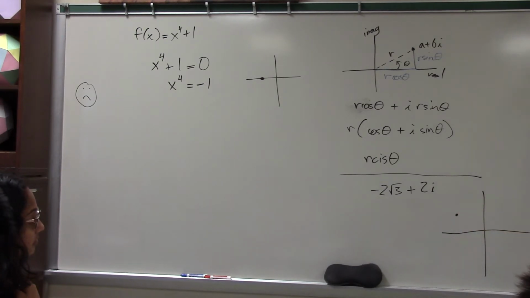So that's that number. Well, that same number can be represented with its angle and its distance. How far is that point from the origin? 4, thank you. Yeah, good. Over negative 2 root 3 and up 2 is just a 30-60-90 triangle. So that's 4, and what is this angle?